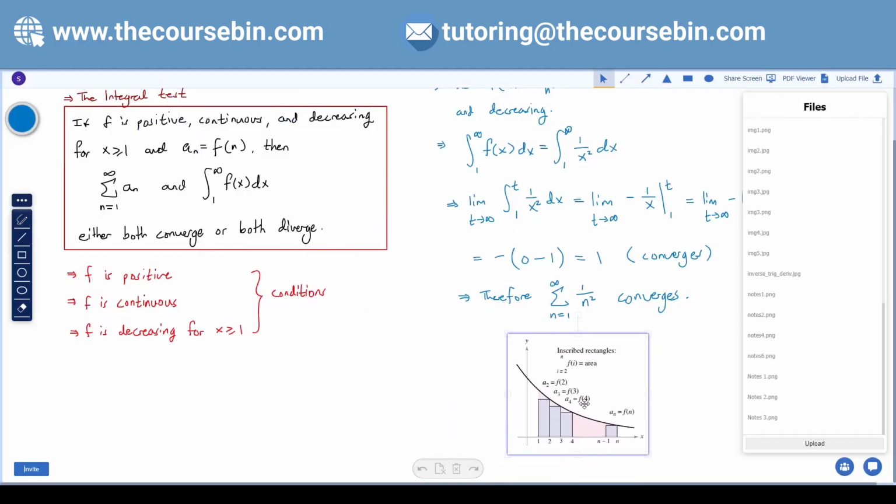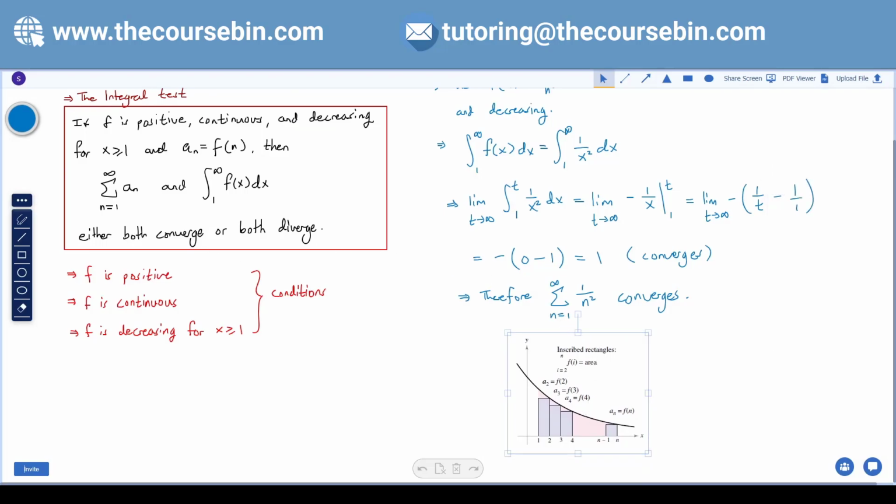Okay, so this is a depiction of what this integral test is doing.